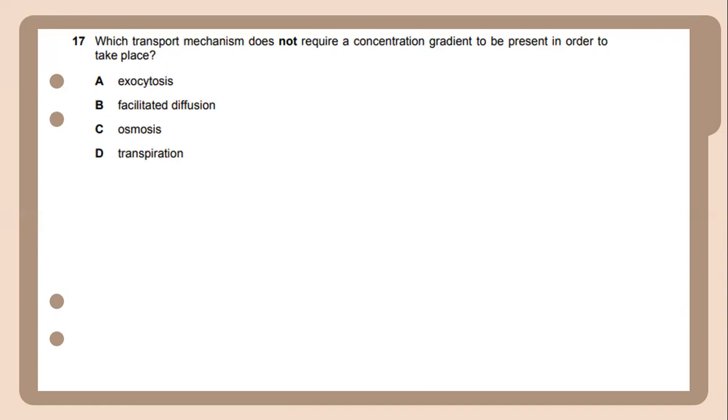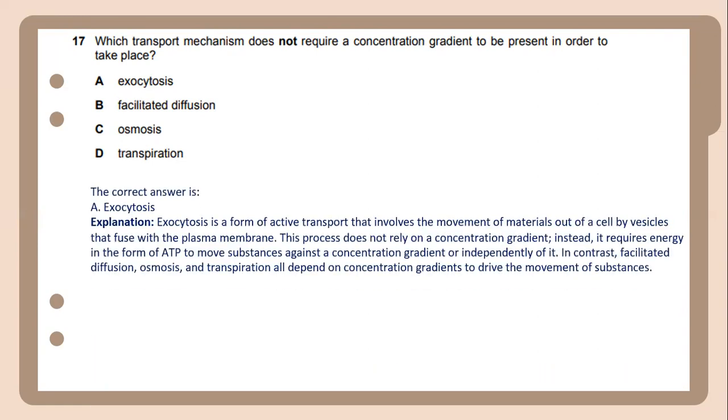17, which transport mechanism does not require a concentration gradient to be present in order to take place? The correct answer will be A, exocytosis. Exocytosis is a form of active transport that involves the movement of material out of the cell by vesicles that fuse with the plasma membrane.